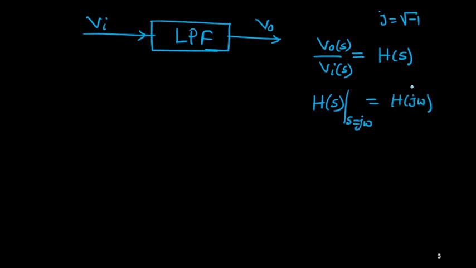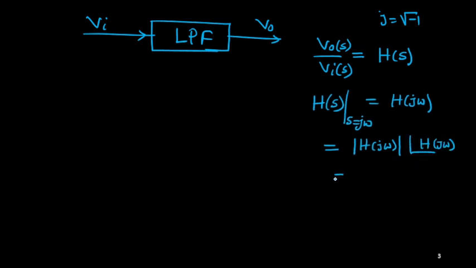Okay, so this is a complex quantity, and it will have one magnitude and one phase. That magnitude I write as mod of H of j omega, and the phase as angle H of j omega.